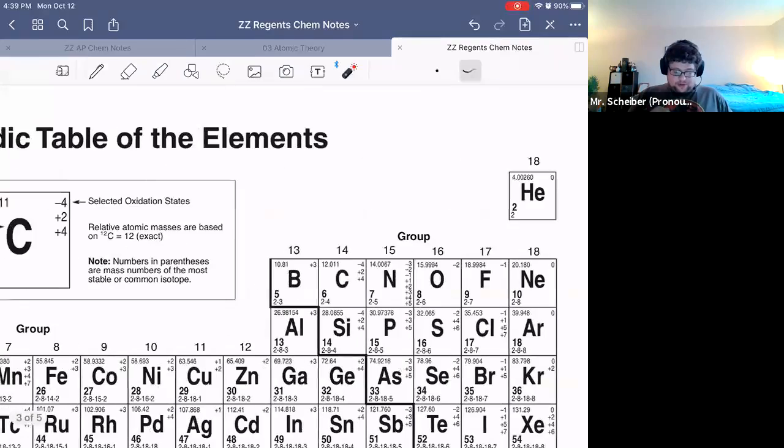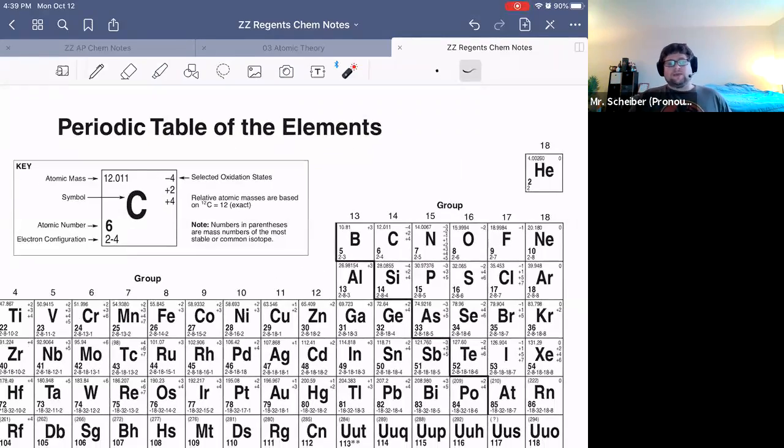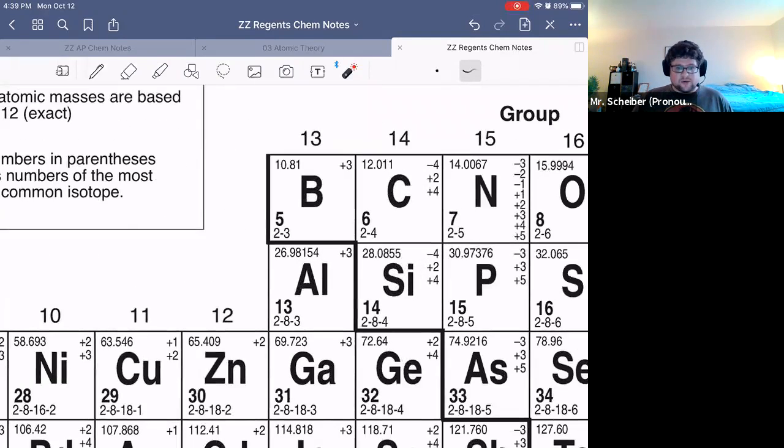Now, here's a cool trick. When we're looking at the periodic table, if you're ever wondering which isotope is the most abundant, a cool trick is to look at the periodic table, because they're all weighted averages. The isotope that is in the highest percent abundance contributes the most to the average, right?